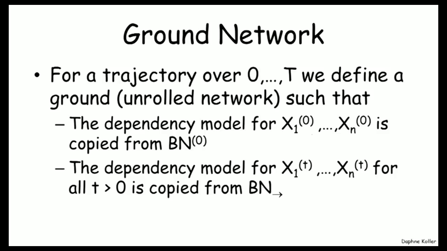And we can use that to define probability distributions over arbitrarily long trajectories using what's called the unrolled network, also called the ground network. This is exactly as in the example that I showed. The dependency model for time 0 is copied from the BayesNet for time 0, and the transition is copied from the BayesNet that denotes the conditional probability for transitions.